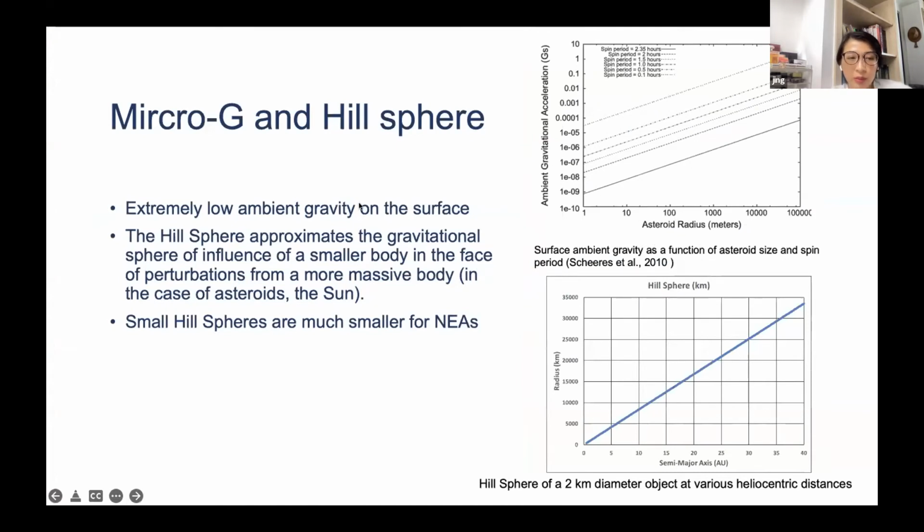Another very unique environment for the asteroid is extremely low ambient gravity on the surface. It's called micro-g.